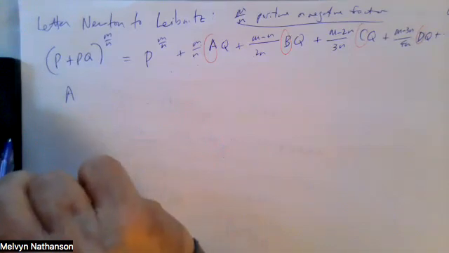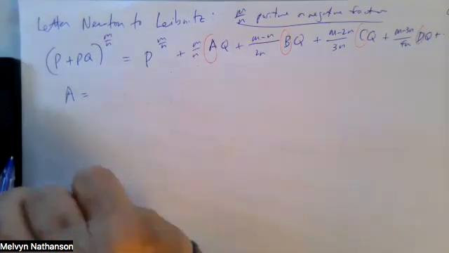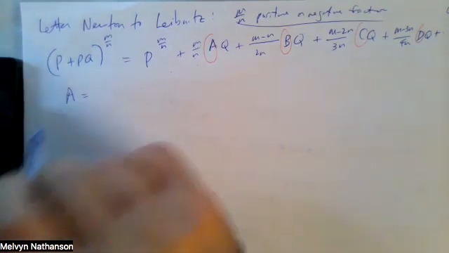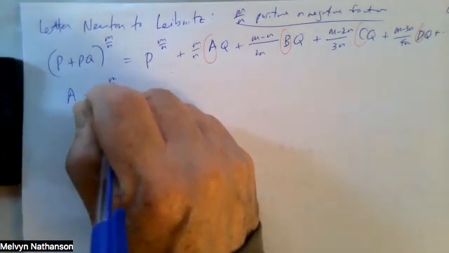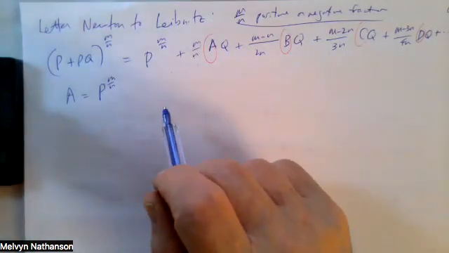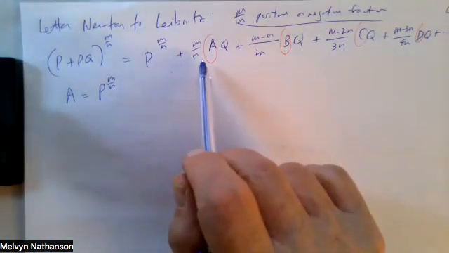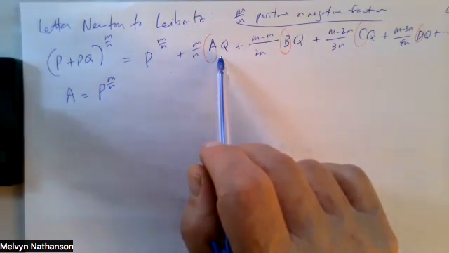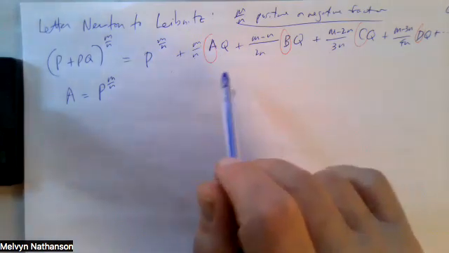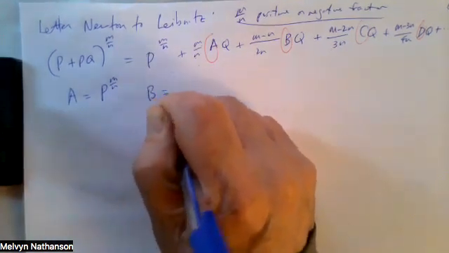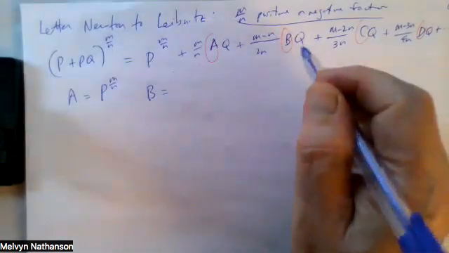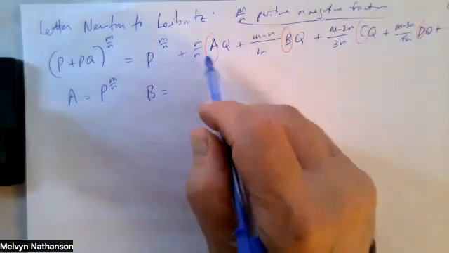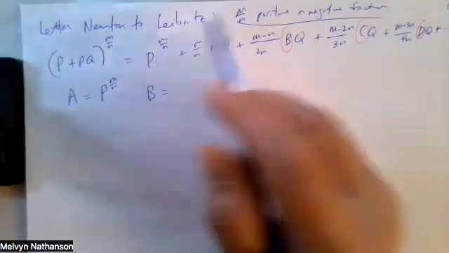So let's say, suppose A is P to the M over N. If you let A be P to the M over N times Q, and B be, so this A is the previous term.